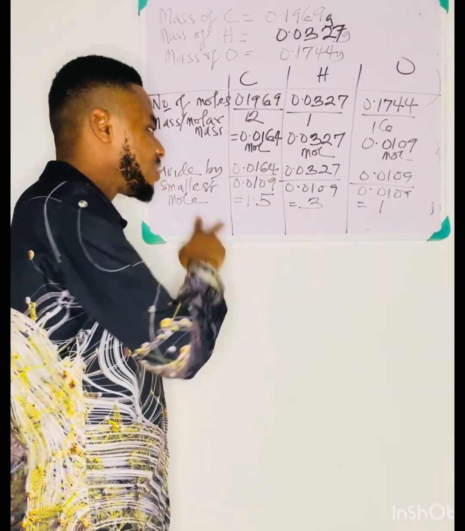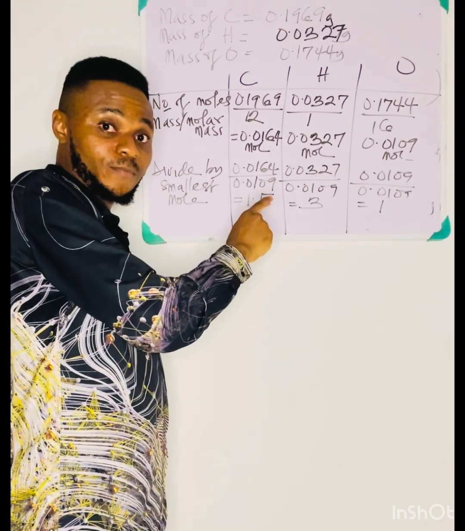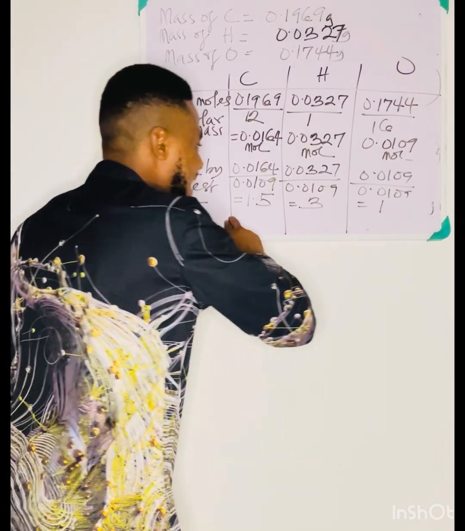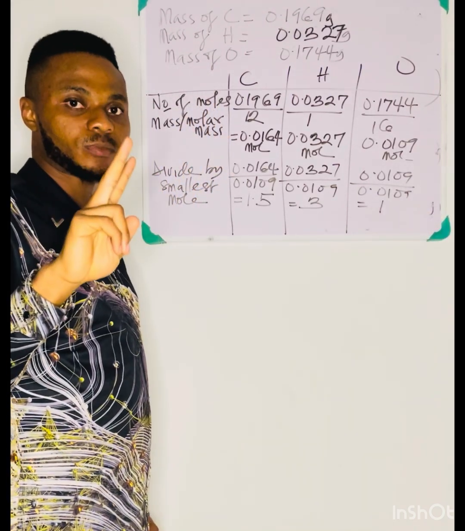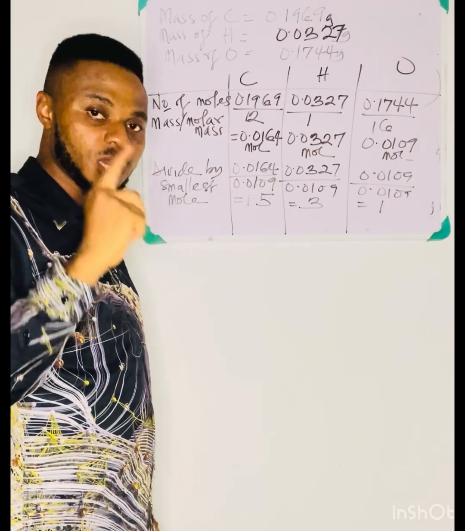So we have to now multiply. When you have a case like this, even if it is just one value that is a decimal, ensure you multiply everything by 2. The aim is to get a whole number.